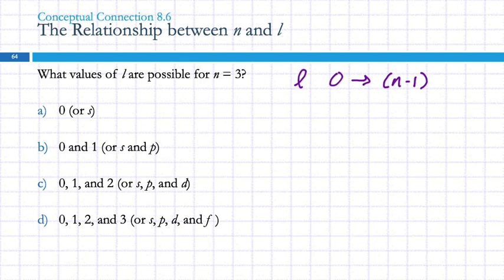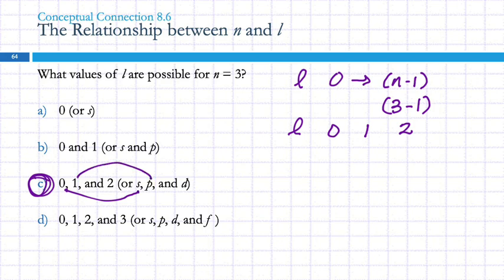So if n is equal to 3, then 3 minus 1 is 2. So l can be integers from 0 to 2, which would be 0, 1, and 2. Does that make sense? So 0 corresponds to s, 1 corresponds to p, and 2 corresponds to d.